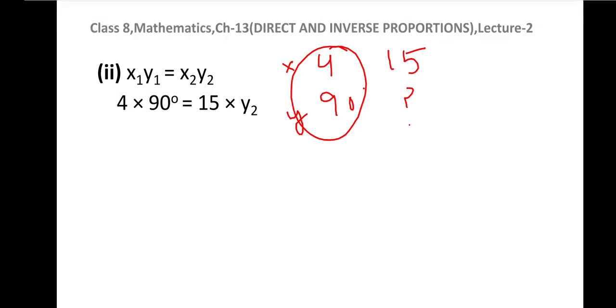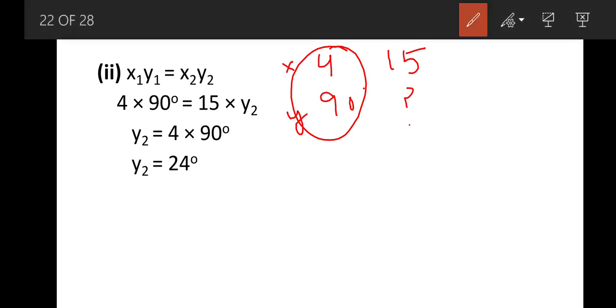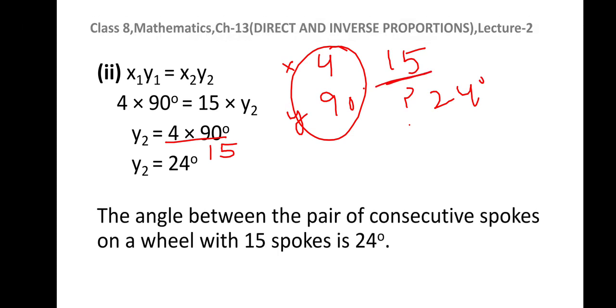So I have put the values and simply you will be able to solve it. It will be divided by 15. Here it will be 15. So you will be able to get the answer, y2 as 24 degrees. So the angle between a pair of consecutive spokes on a wheel with 15 spokes is 24 degrees.